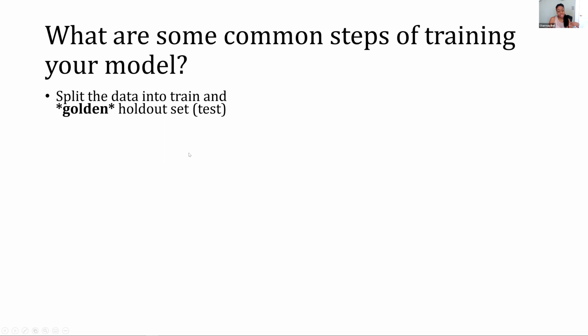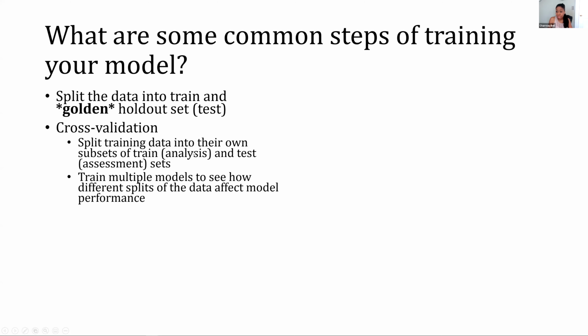So after you have split your data into the train and golden holdout set, then you might think about training your model using cross-validation, because at that point you would actually only have the training set. So how would you best use this data that you have to be able to understand the generalization capabilities of your model?